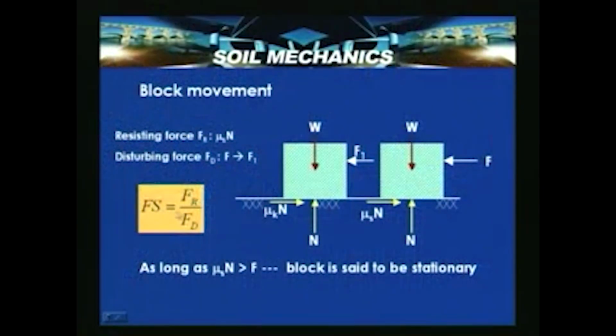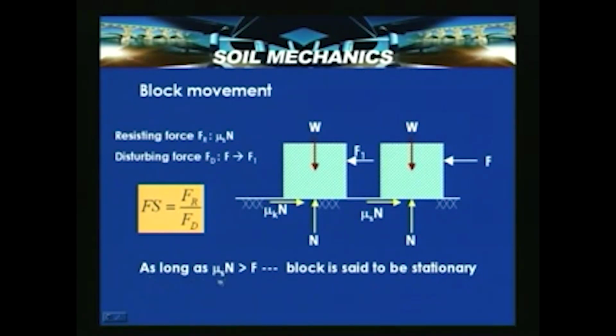We can define this using the simple analogy we use. The factor of safety is equal to Fr by Fd, where Fr is the resisting force and Fd is the driving force. In this case, the driving force is F and the resisting force is mu Sn. As long as the resisting force is greater than the driving force, the block is said to be stationary.